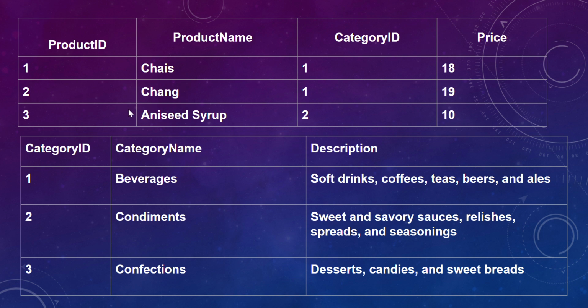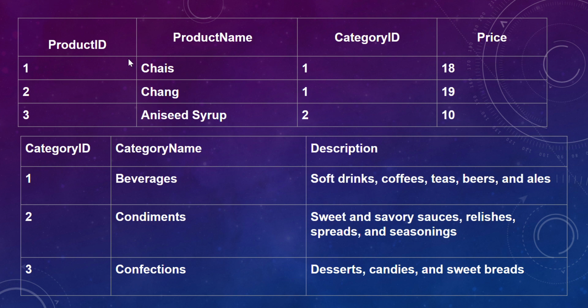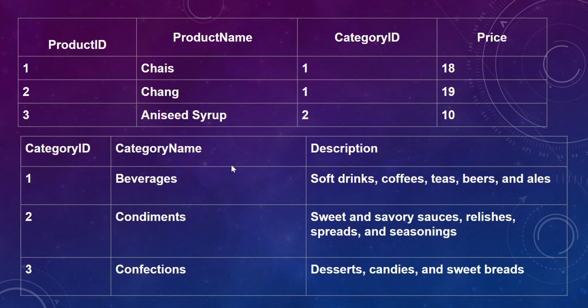For this particular example, this is not very crucial because there is no column in the select statement which is in both the tables. Product ID is only in the first table, there is no product ID in the second table. Similarly, product name is in one table and category name is in one table.